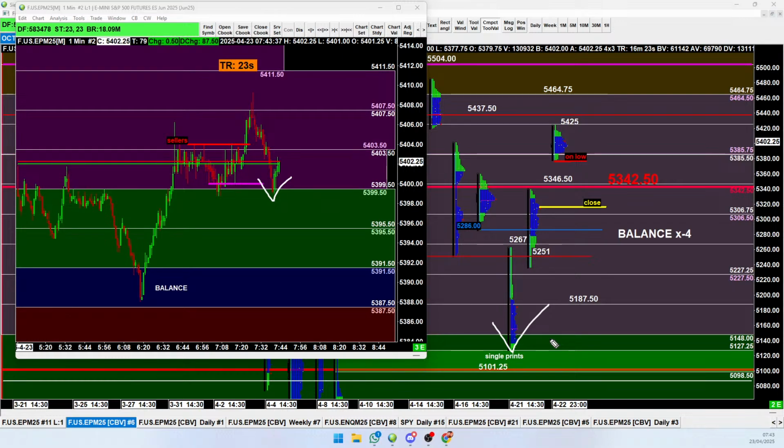Does that make sense? That's the concept of rotation. And trust me, if you don't understand the concept of rotation, you're going to lose a lot of money trading, unfortunately, because markets only trend what?